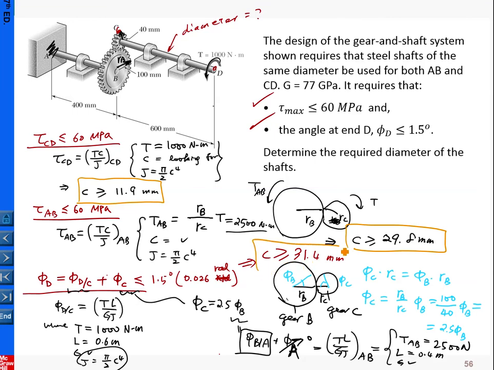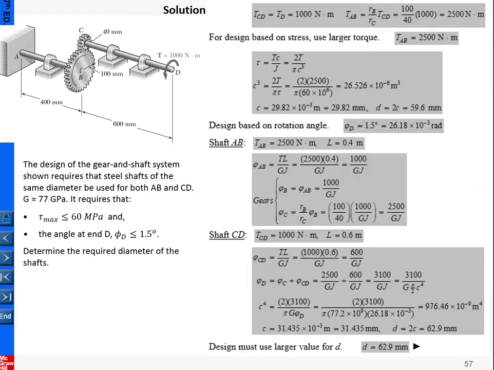So the minimum required radius is 31.4 millimeters, and the diameter is 62.8. This page has the detailed calculations for your reference.